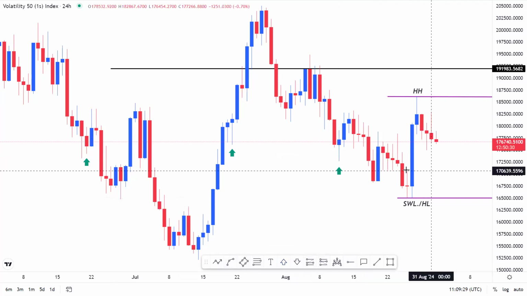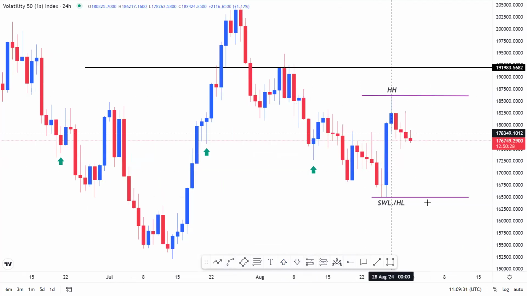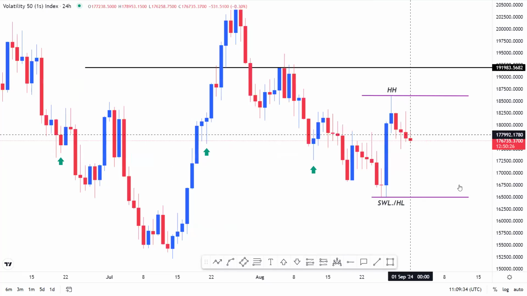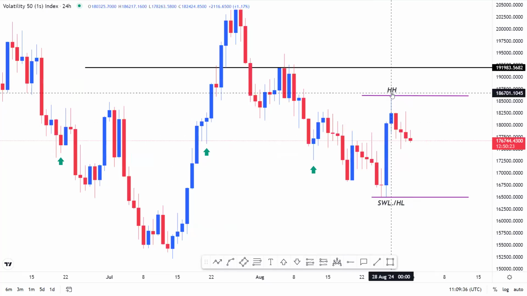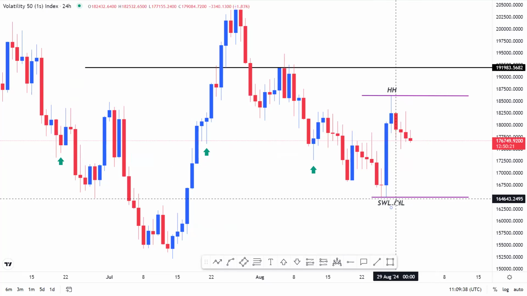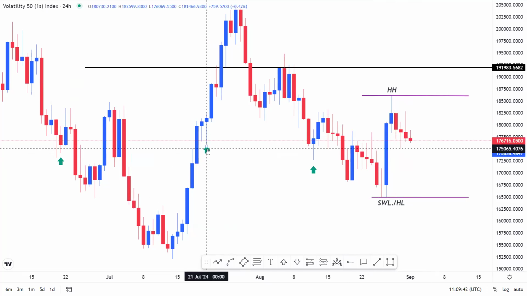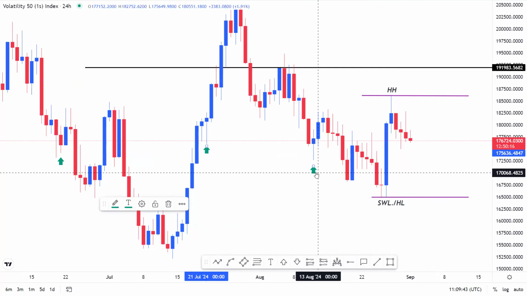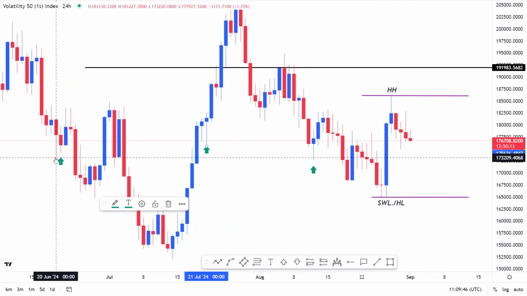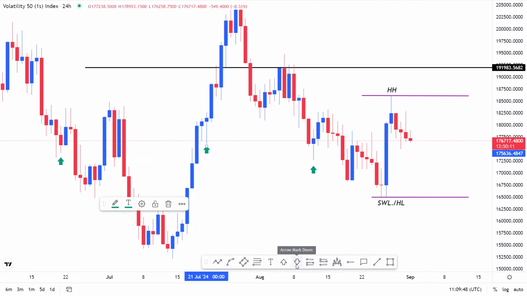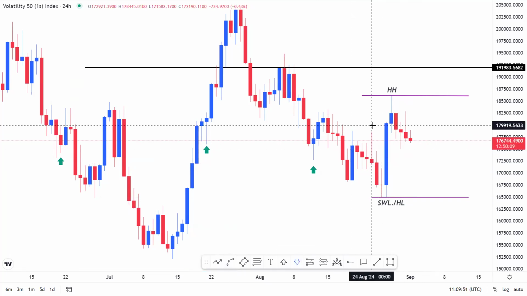Now take note, guys, anywhere within the current structure range, the current swing high and the current swing low is where we want to find our area of interest. So you can see price found support right here, price found support right here, price found support right here. 3 times. You can see here, price found resistance.